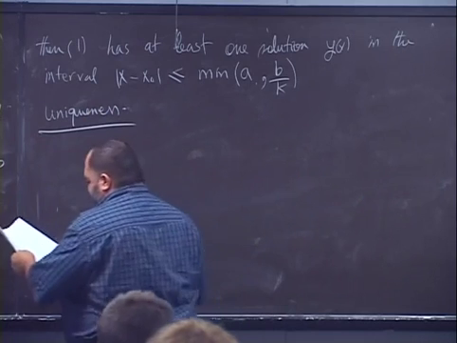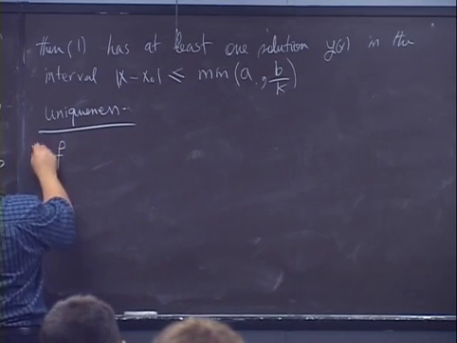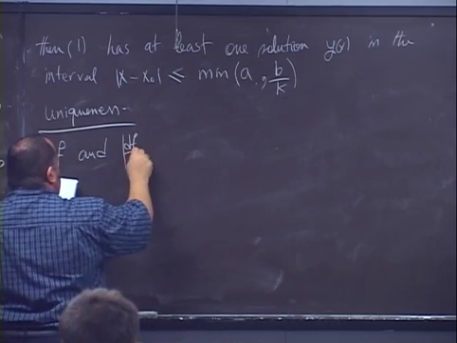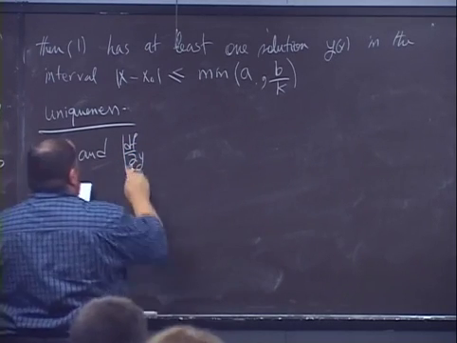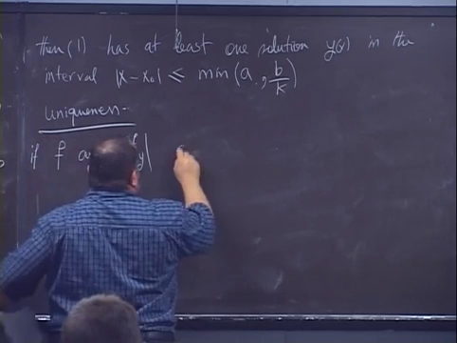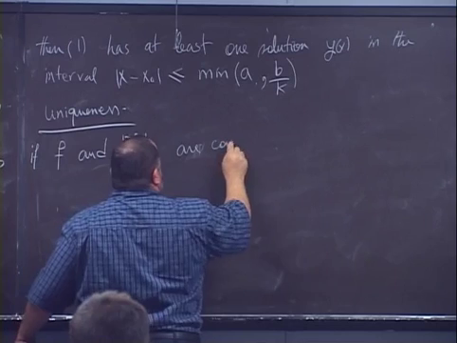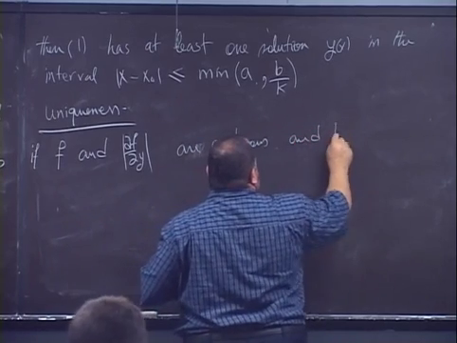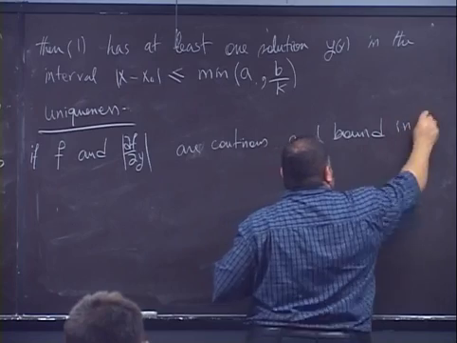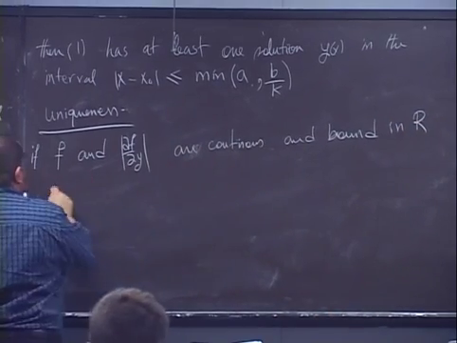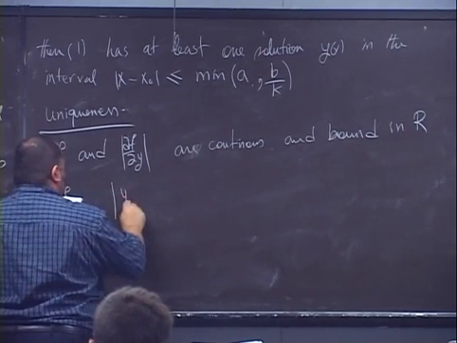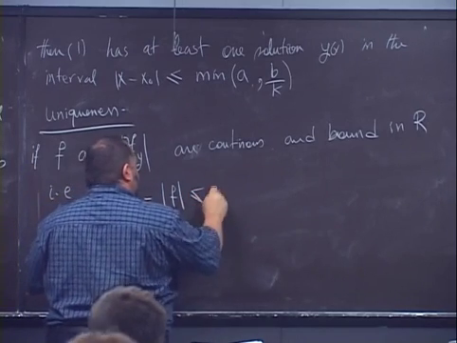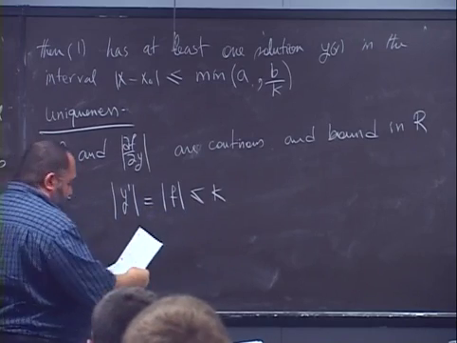The condition for uniqueness of the solution is that the function f of x and y and the absolute value of its derivative, let's say with respect to y, df by dy, are both continuous and bounded in R, and y prime equal to f is again less than k, like the same condition here.